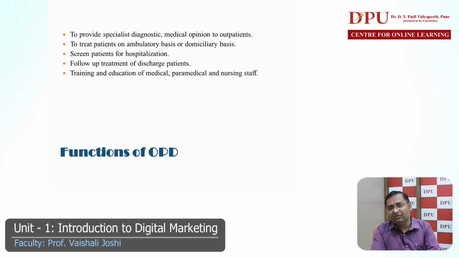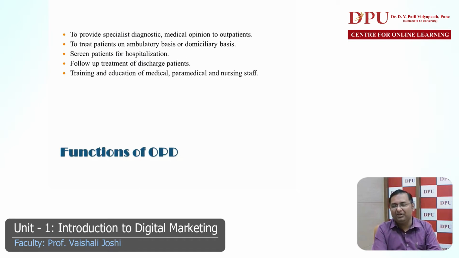Now, what are the various functions of the OPD? What exactly are the outpatient departments doing to give treatment to the patient? To provide specialist and diagnostic medical options to the outpatient, as well as to treat the patients on an ambulatory basis or domiciliary basis.